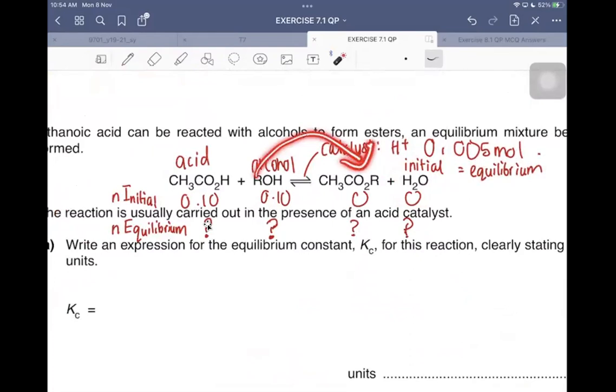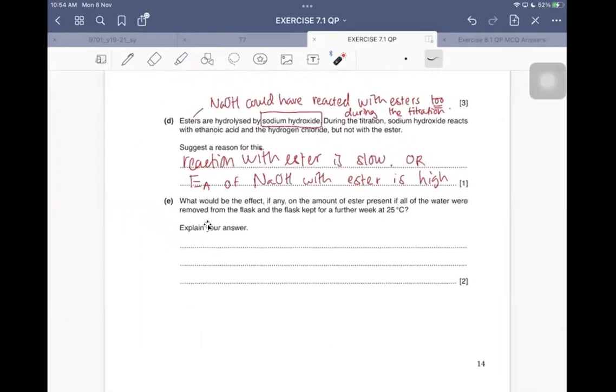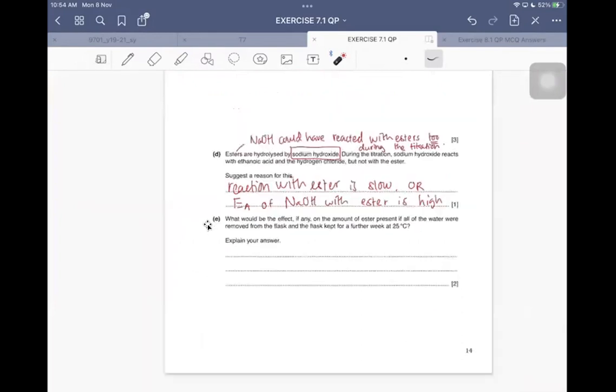So we say that equilibrium moves to the right-hand side, more ester would be produced to restore the equilibrium or to resist the change according to Le Chatelier's principle. That's just another way of saying the concentration of product is reduced by removing the water from the system.